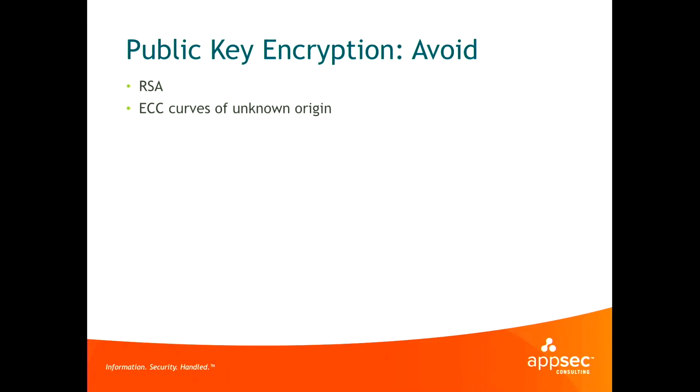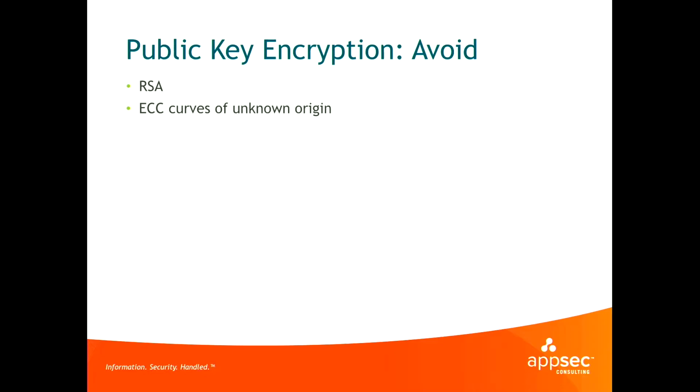The problem ECC is based on is believed to be harder than the problem RSA is based on. The problem, though, is that ECC is based on a series of curves. Those curves can be produced in a number of different ways.